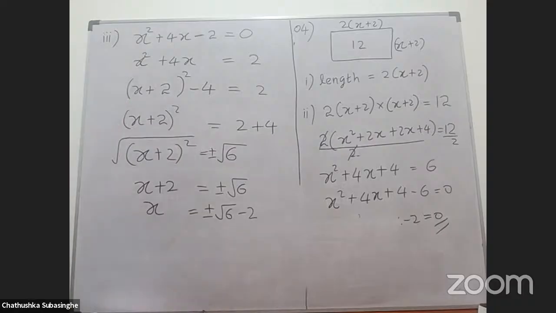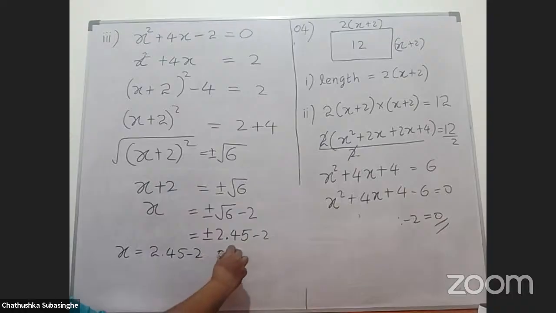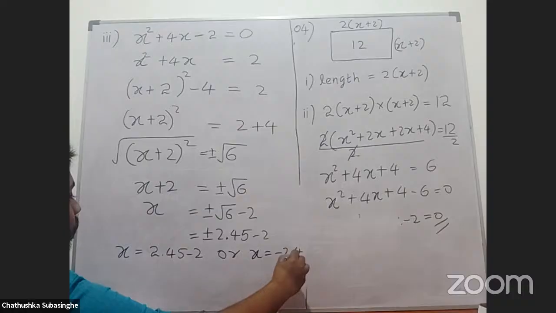Right. So now they are asking us to take square root 6 as 2.45. So we can write this one as plus or minus 2.45 minus 2. So we can rewrite the x value. x can be equals to plus 2.45 take away 2, or x can be equals to minus 2.45 minus 2.